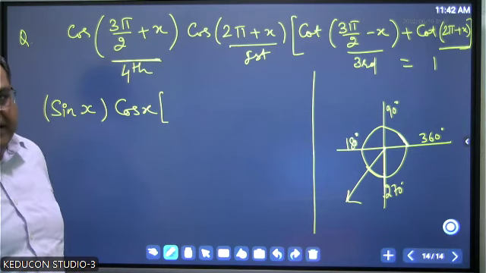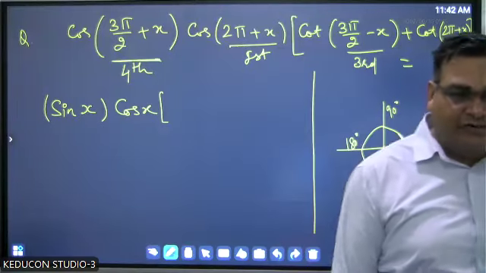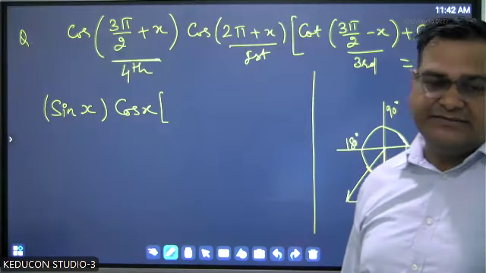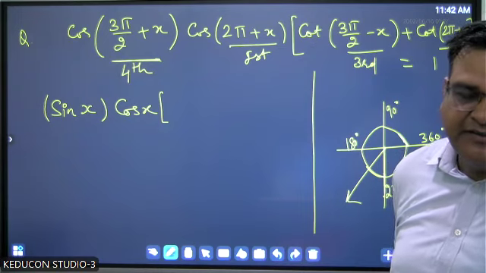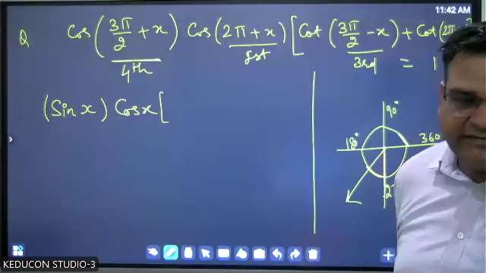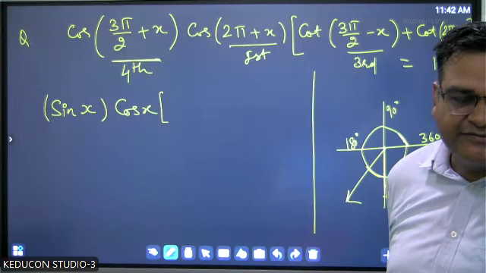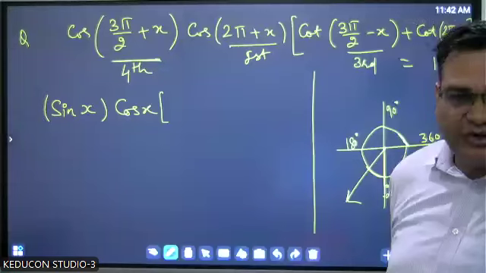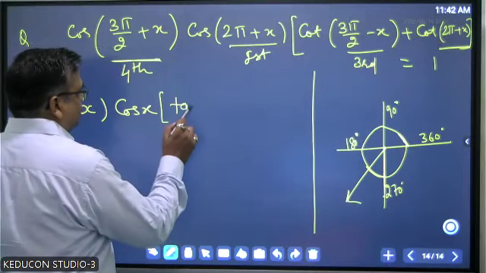Please tell me what it will change into. 3 pi by 2 minus x is third quadrant, right? And cot of 3 pi by 2 minus x will be tan x. Very good. Why tan x? Positive or negative? Positive, because cot is positive in the third quadrant.